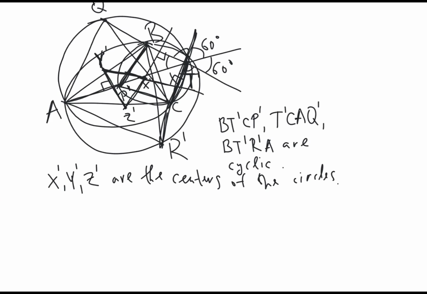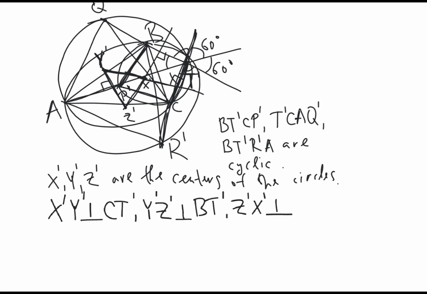So this means that X prime Y prime is perpendicular to CT prime, Y prime Z prime is perpendicular to AT prime, and this is perpendicular to BT prime. Yeah.